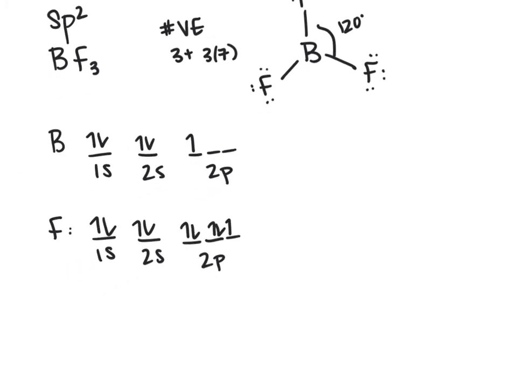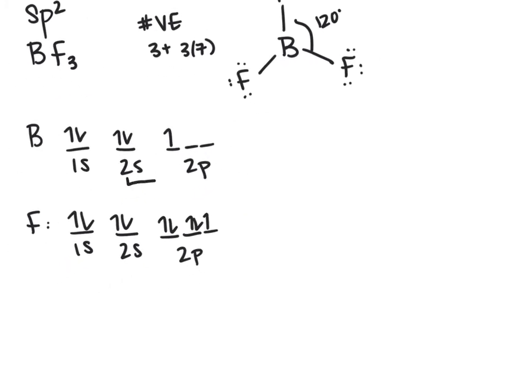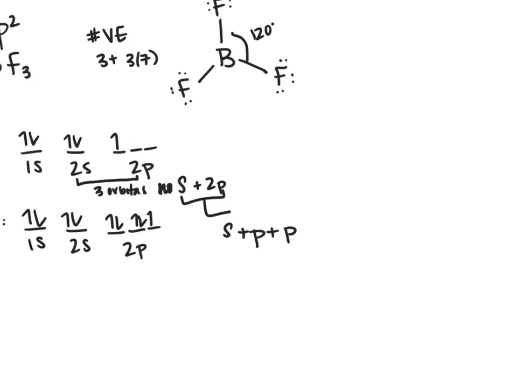So for boron, we're going to mix together 3 orbitals. We're going to mix the single s orbital, let's just write an s, plus 2 p's. Or you could think about this as s plus p plus p. Because since these are in the n equals 2 shell, the 2 is a little murky in this case.